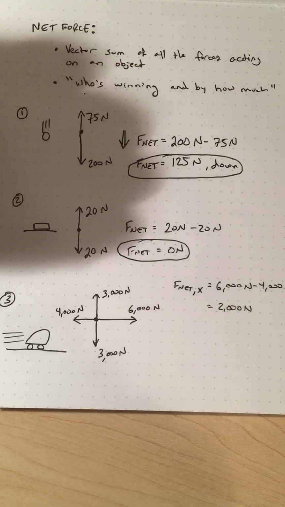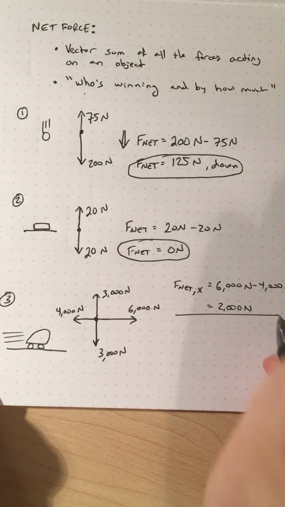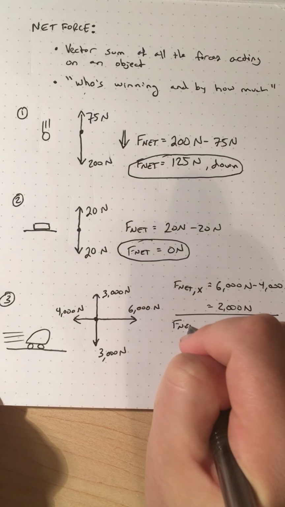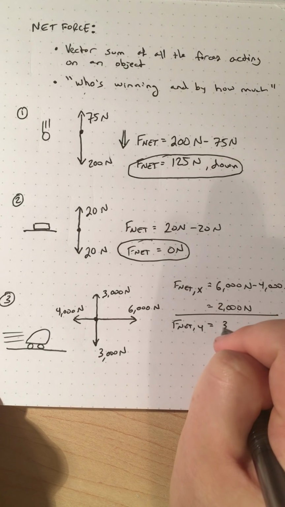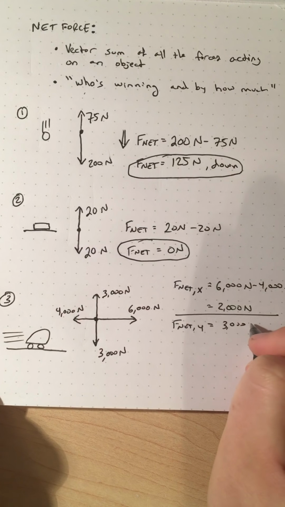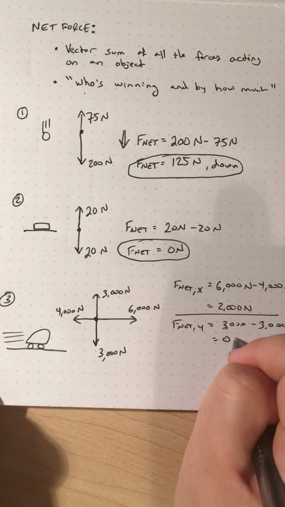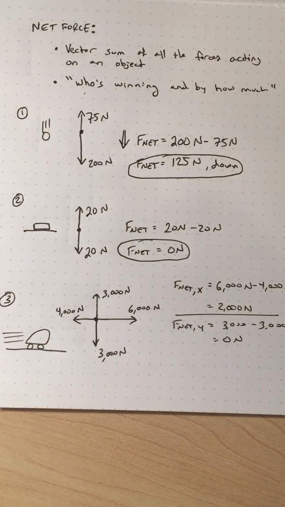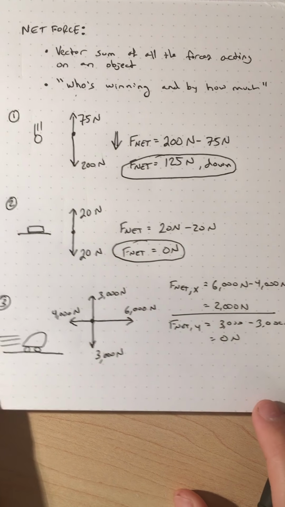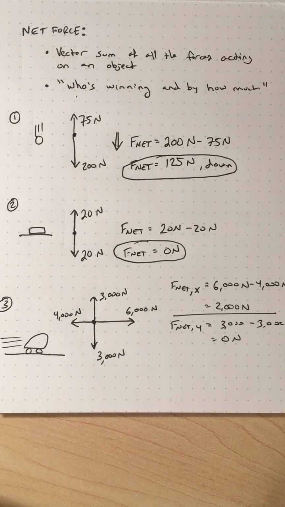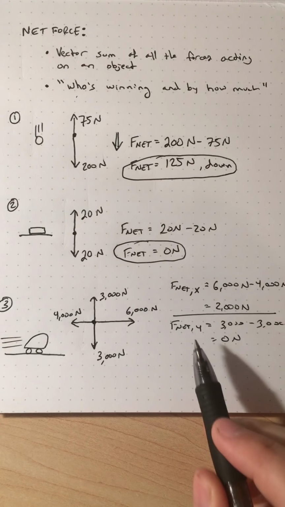And then we also have to do this in the Y direction. And we're going to say that the net force in the Y direction, you'll probably see, is going to be 3,000 up minus 3,000 down. So the net force is 0 newtons in the Y direction. So what does that mean? Overall, what's the net force? Well, overall, the net force is not pointing in the Y direction.